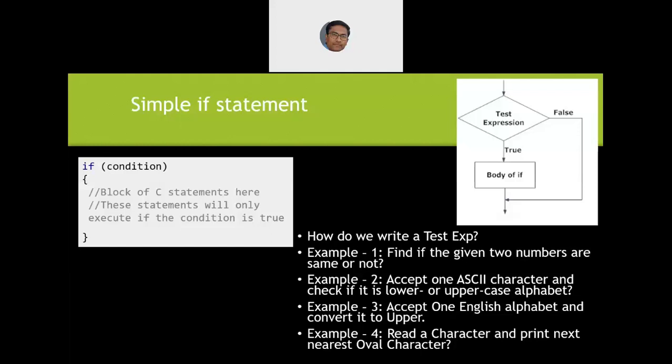Yes, sir. Any other better approach? Read a character and print its next nearest vowel character. Think about it. Okay, I'll leave this. Let us go to the next one.